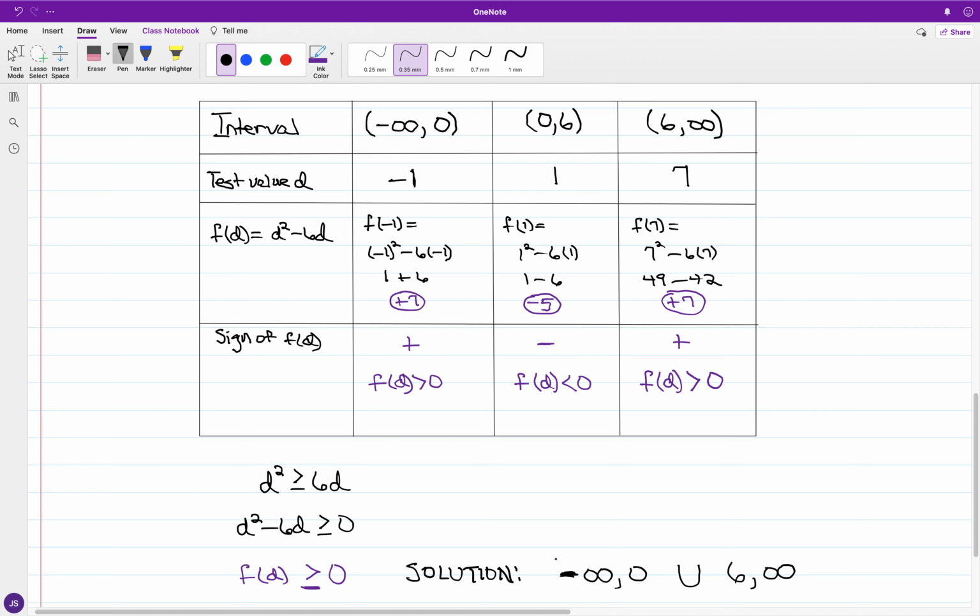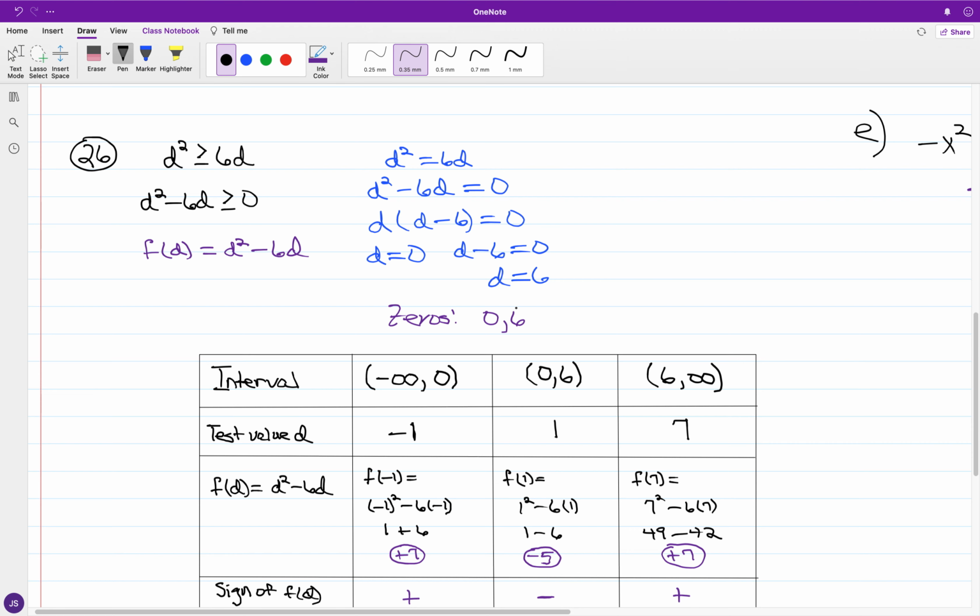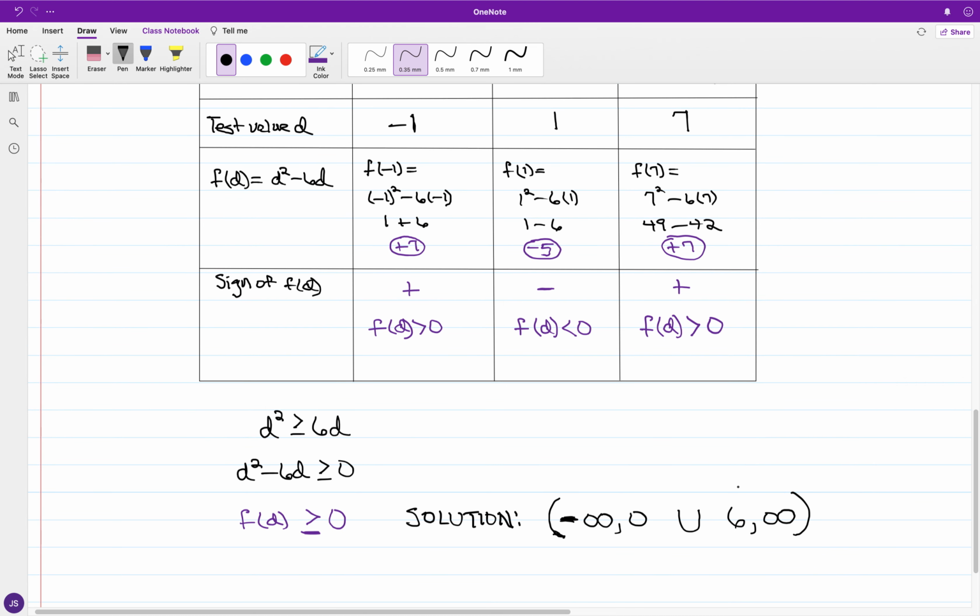And in terms of the enclosures, again, infinities are boundless, so they stay in parentheses. And as for 0 and 6, those values created the function's capacity to be equal to 0. So with the equal to 0 part to be satisfied, we're going to have 0 and 6 in the brackets. So that's going to be your interval solution for this particular inequality.